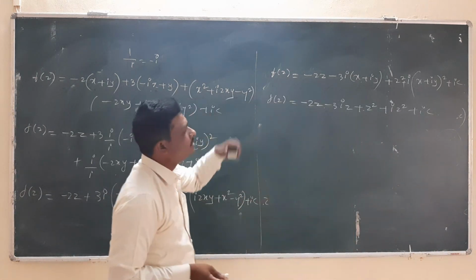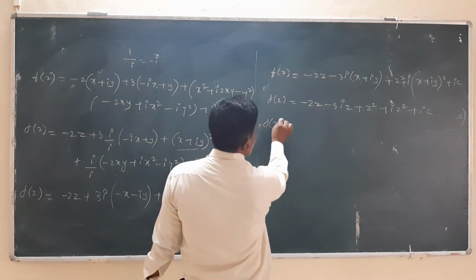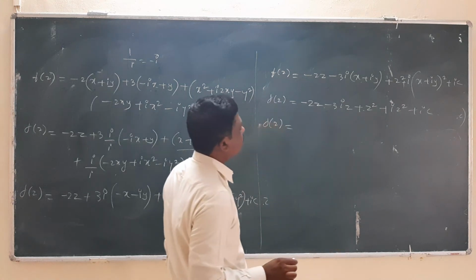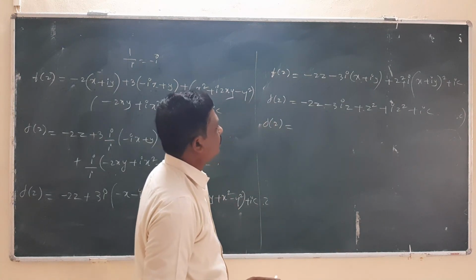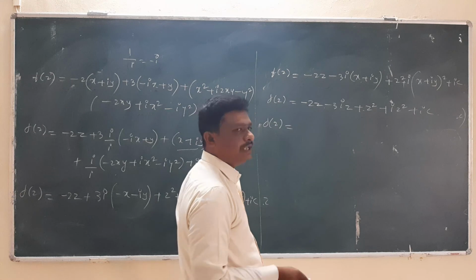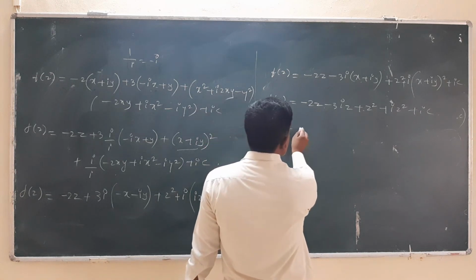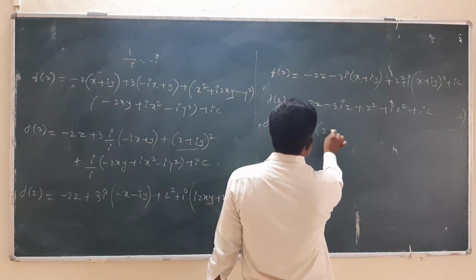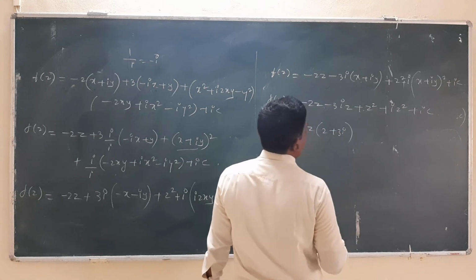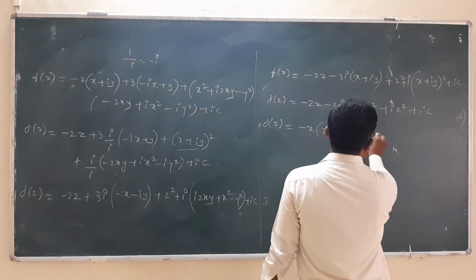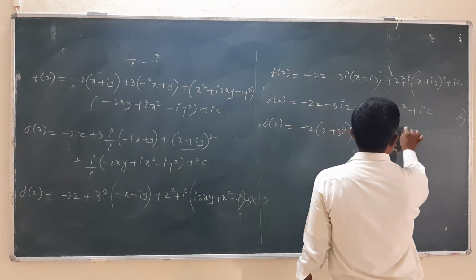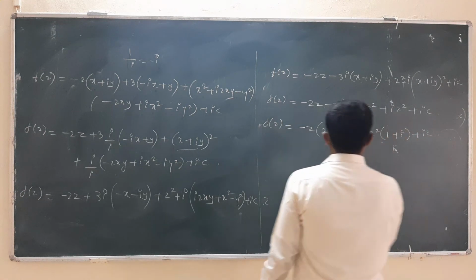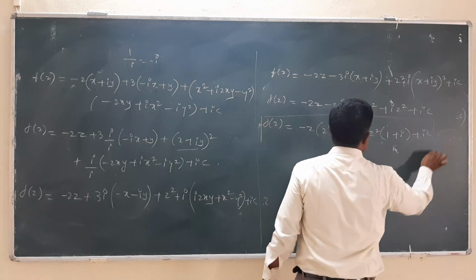We can simplify this: f of z is equal to minus z into 2 plus 3i, and if I take z square common, 1 plus i, plus i into c. So this is our required answer.